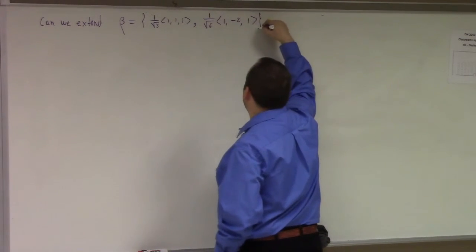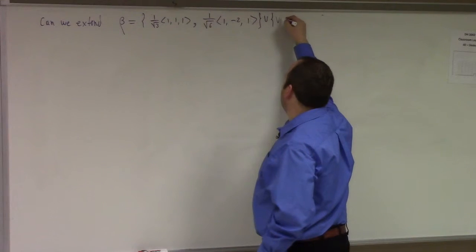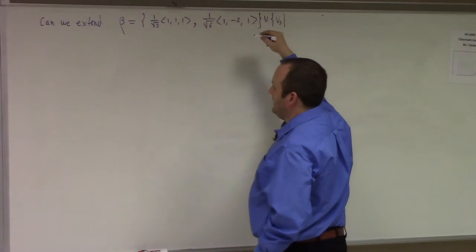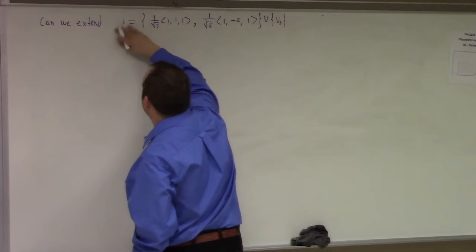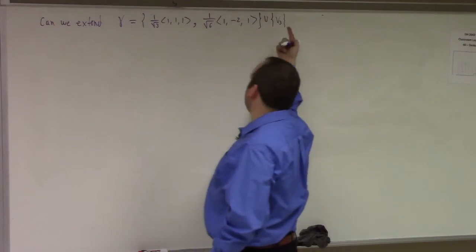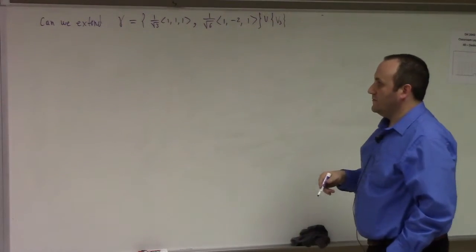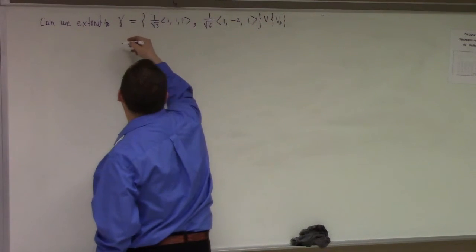Can we union this with some other vector, say v3? I guess I shouldn't call this beta anymore. This is gamma, I guess. It's beta union another vector. Can we extend to gamma, to this orthonormal basis?